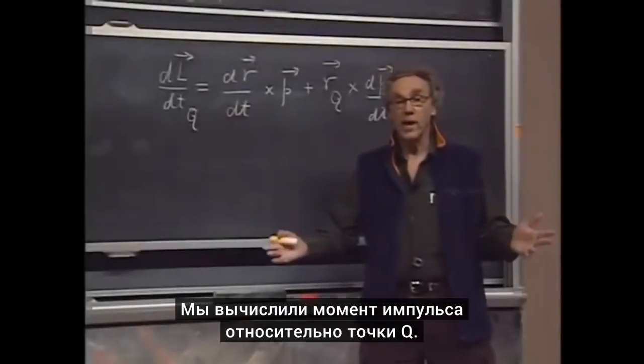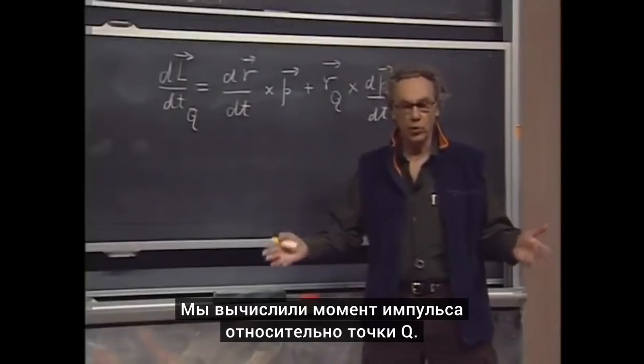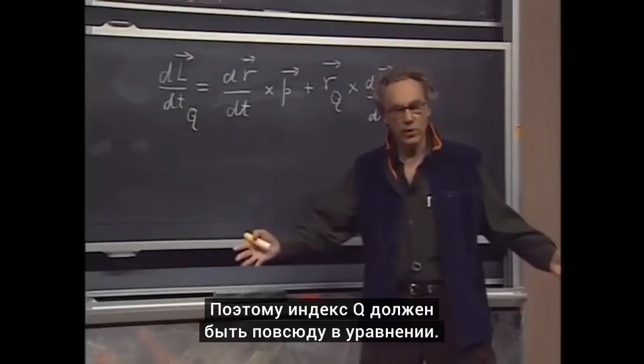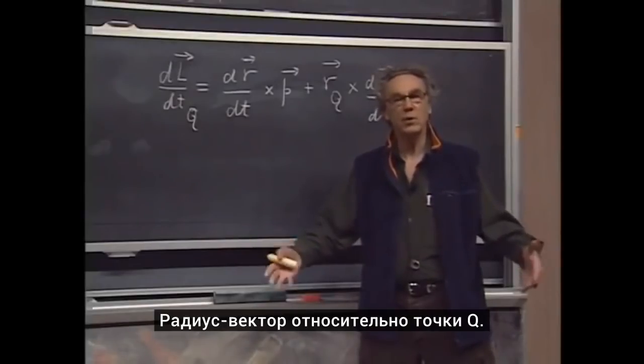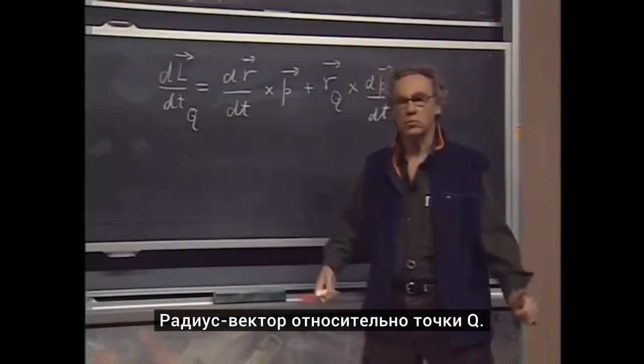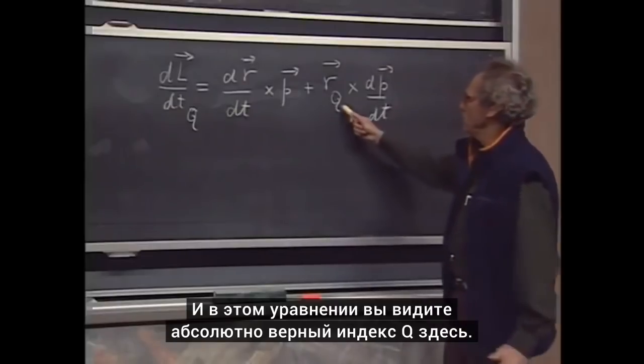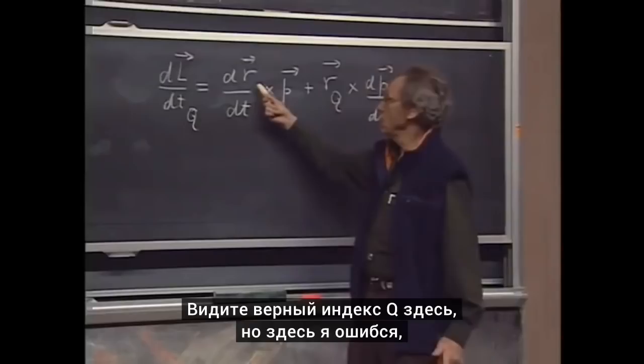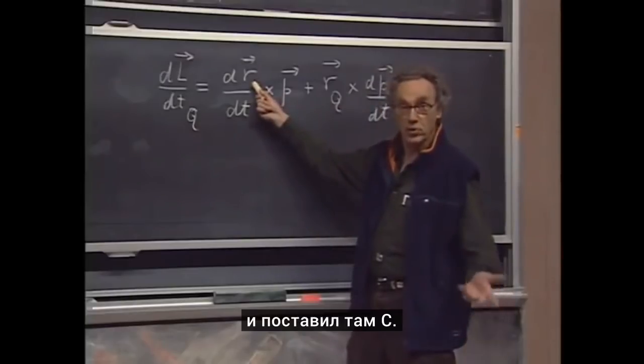We calculate the angular momentum relative to point Q. So the index has to be Q throughout the equation. The position vector is relative to point Q. And in this equation, you see the correct index Q here, you see the correct index Q here, but I slipped up here and I put a C there.